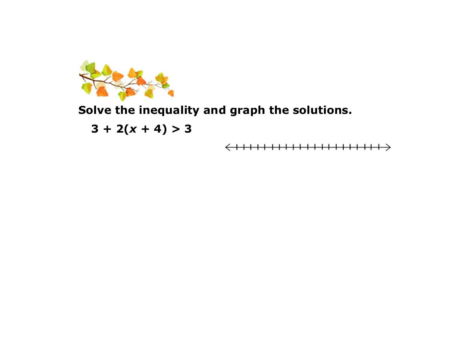So to start this one off, we're going to distribute that 2 to both terms, towards the x and towards the 4. So we're going to get 3 plus 2x plus 8 is greater than 3. I'm going to go ahead and combine the 8 and the 3 to an 11 plus 2x is greater than 3.